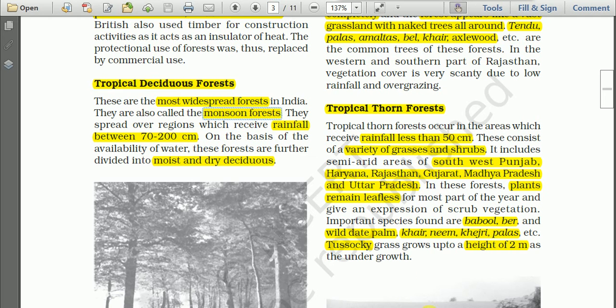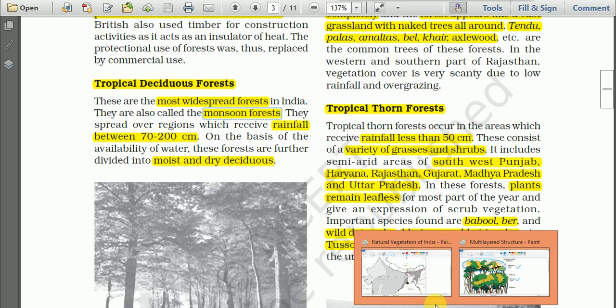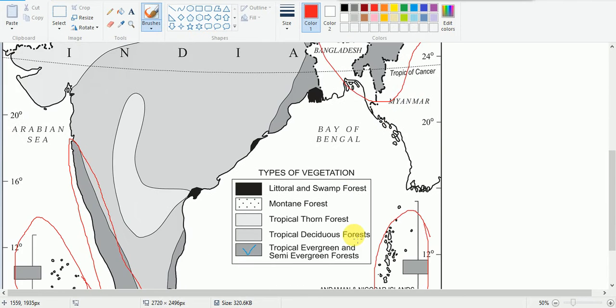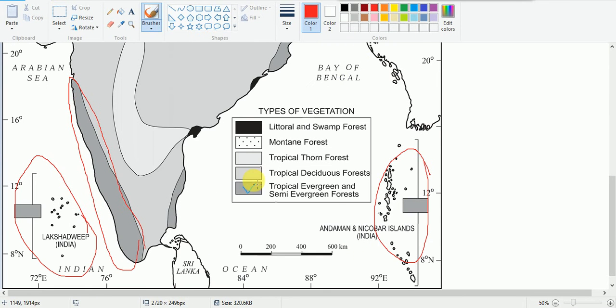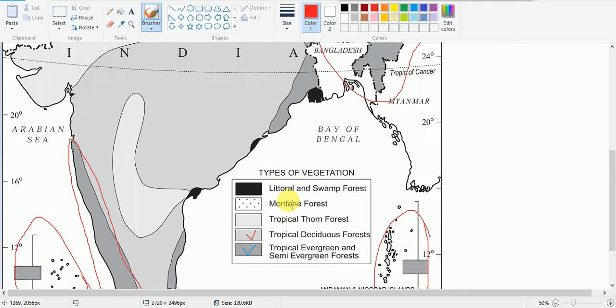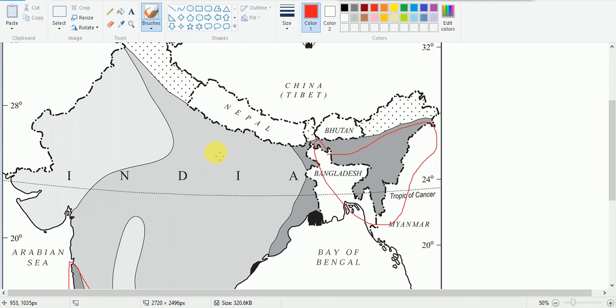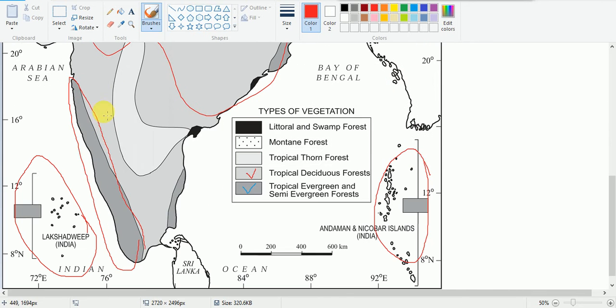Let us see the map. When you see a map of India, most of the areas in India are covered with this type of forest, and here also, then here also.